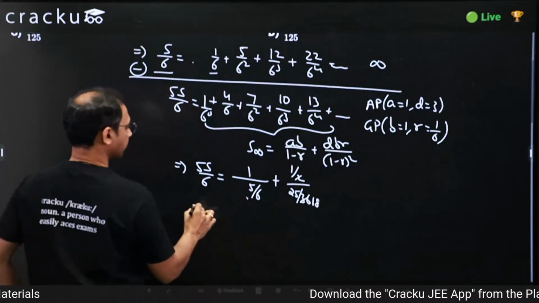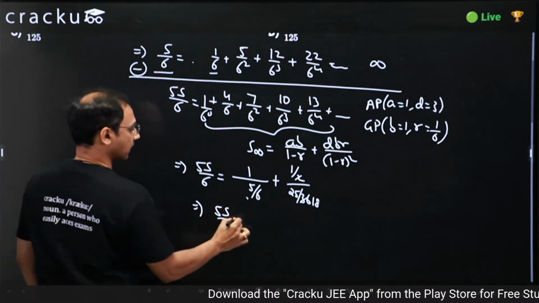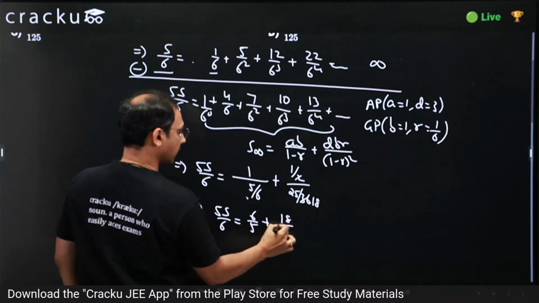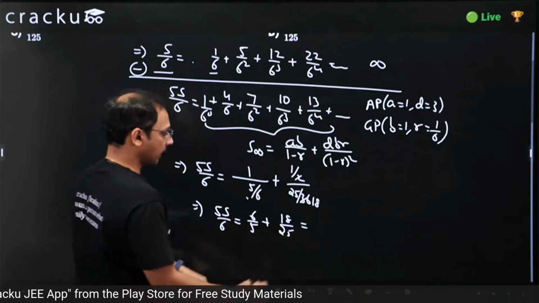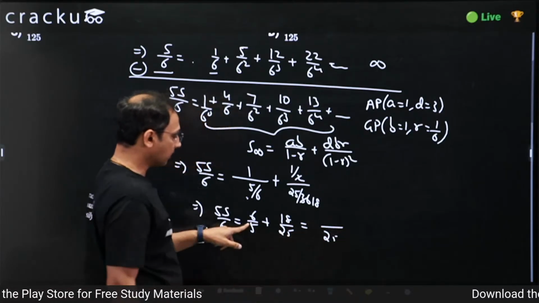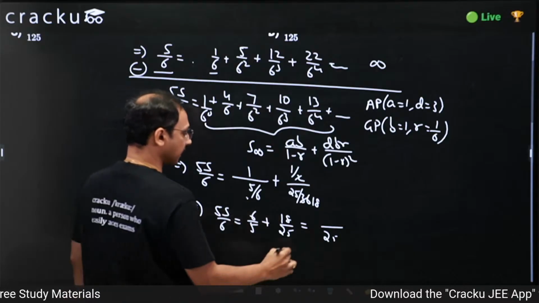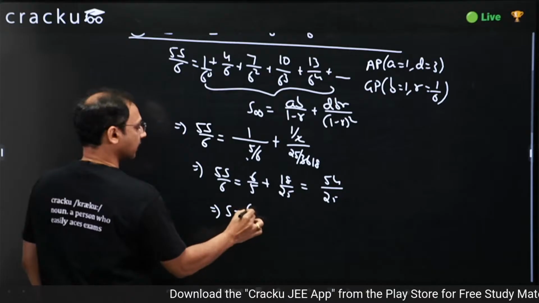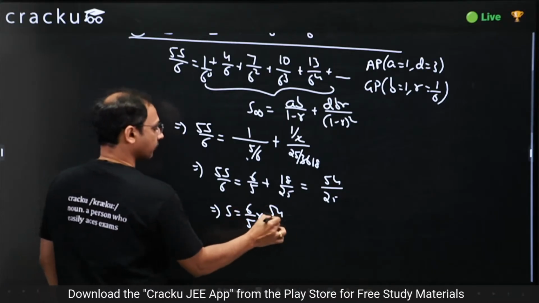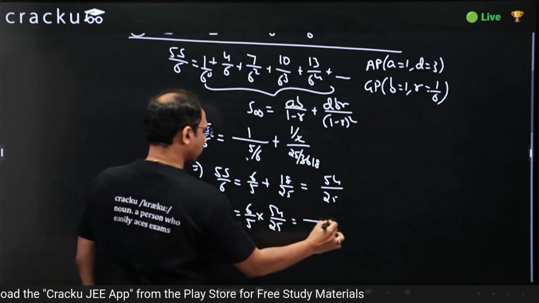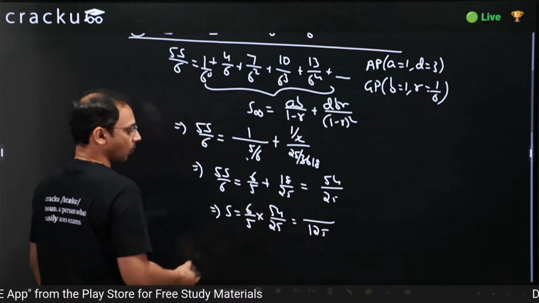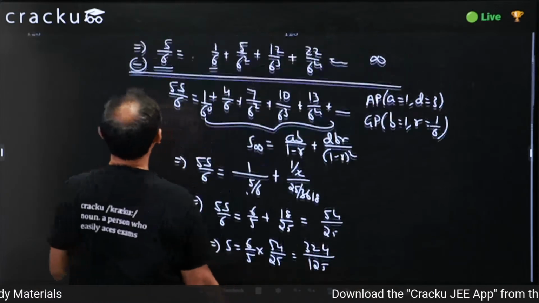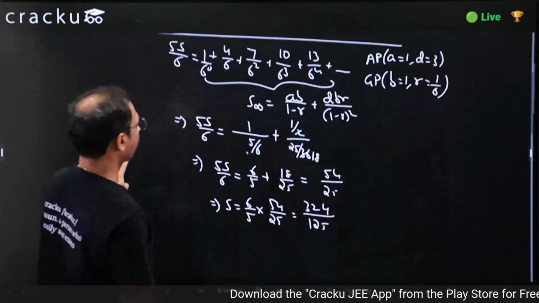So let us simplify. 5S by 6 is equal to 6 by 5 plus 18 by 25. This one I can write as, if I multiply by 6 here, I get 36 plus 18. That would be 54. So S will be 6 by 5 into 54 by 25. So here I'll get 125. What is 6 into 54? 6 for the 24. I get 324 by 125.